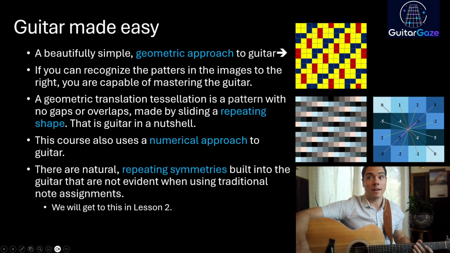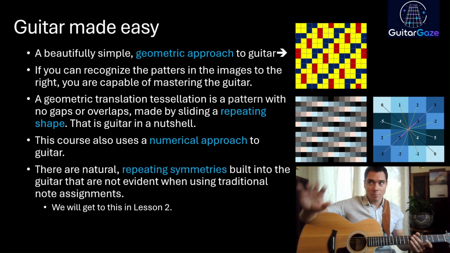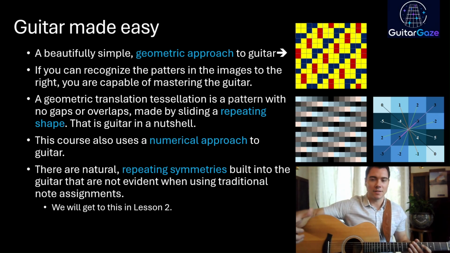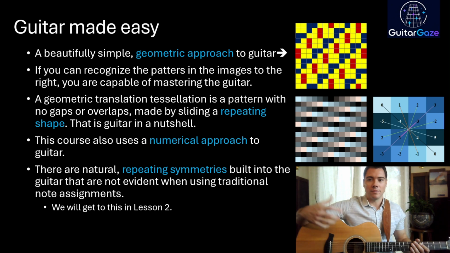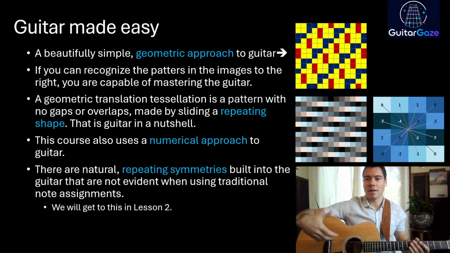And we will get into that in lesson 2. We won't get all the way there in lesson 1. But the point is, you add colors, you add numbers, the guitar starts to make a lot more sense than if you're just using traditional note assignments. So this course will help you have an intuitive understanding of these, frankly, ingenious symmetries that are built into an isomorphic instrument like the guitar.